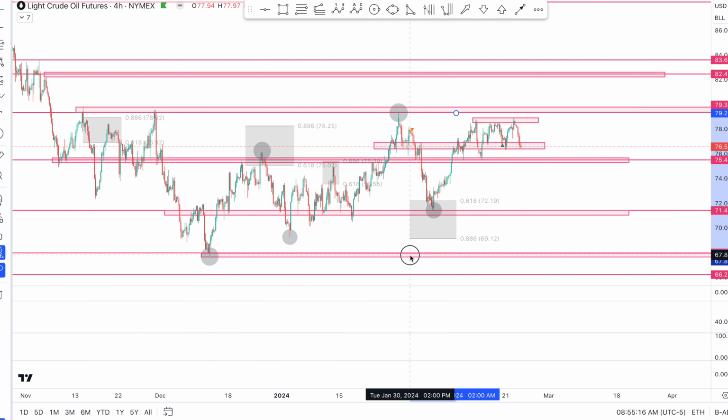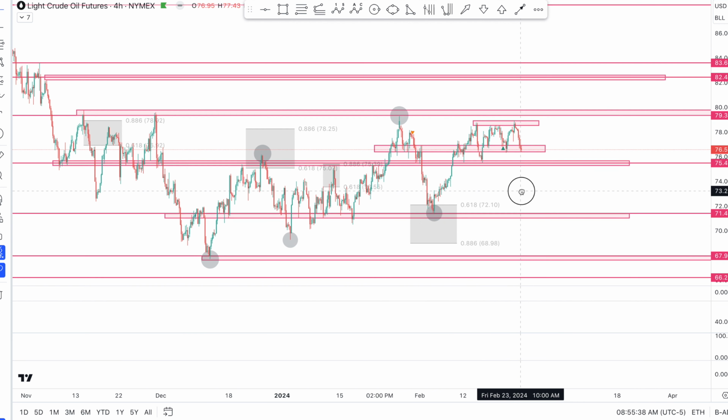And basically, look at this. It's right in between the 618 and the 886, and it's right on our supply-demand zone. So if you were shorting this, which I was, shorting this in chunks, it worked out beautifully. This was a very successful wave down in terms of scalping and trading.